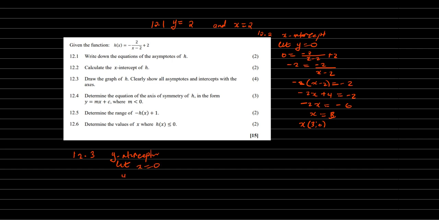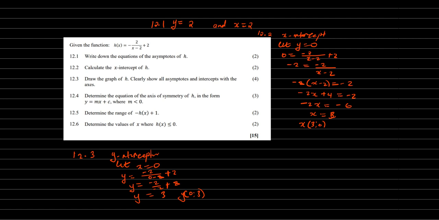Then you'll have y equal to negative 2 divided by 0 minus 2, plus 2. This will simply give us negative 2 divided by negative 2, plus 2, which will translate to positive 3. This is the value of y. Therefore, we can write it as a coordinate. This is 0 and 3, because we said let x be 0.